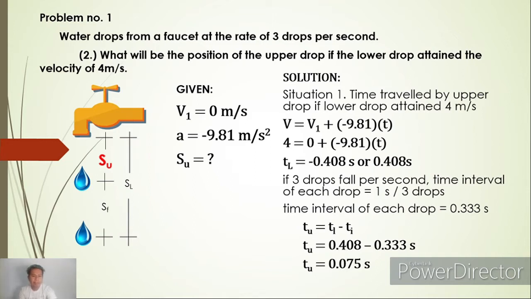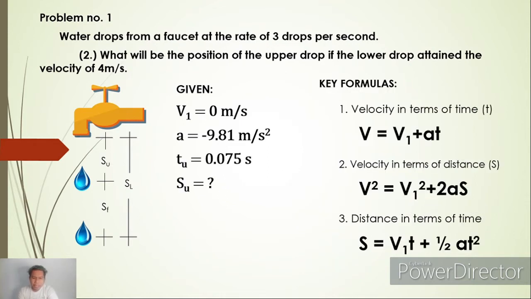Therefore, yung time ng upper drop nung simula nung nahulog siya is equals to T upper is equals to T lower drop minus T initial. Wherein the time for the upper drop when lower drop reaches 4 meters per second of velocity is equal to 0.075 seconds.